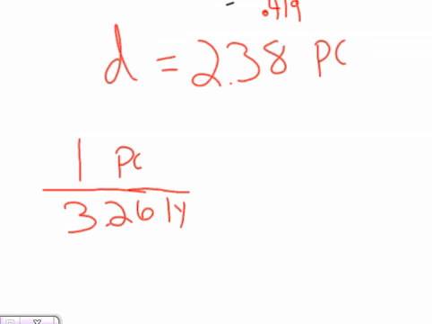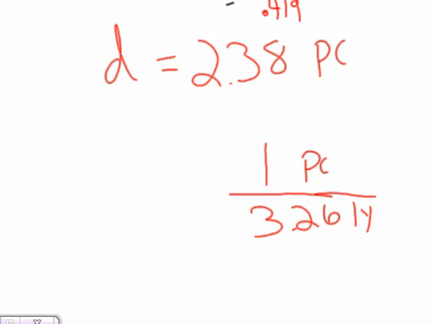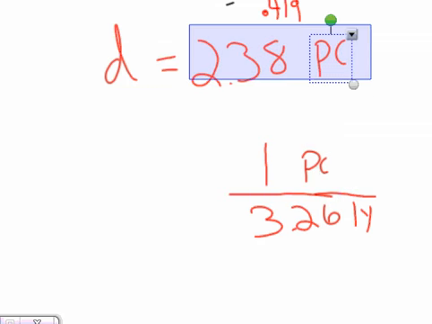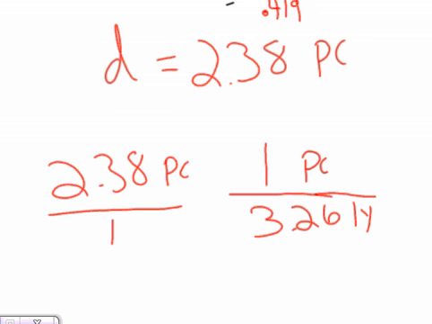And let's move this over. I'm just going to take our number and rewrite it: 2.38 parsecs over 1, because I do my unit calculation a little bit differently than you probably do.